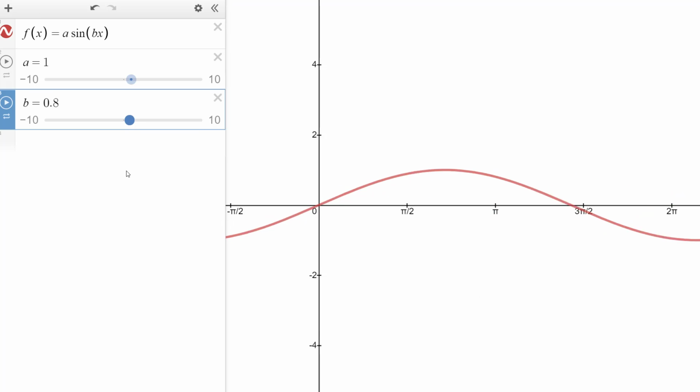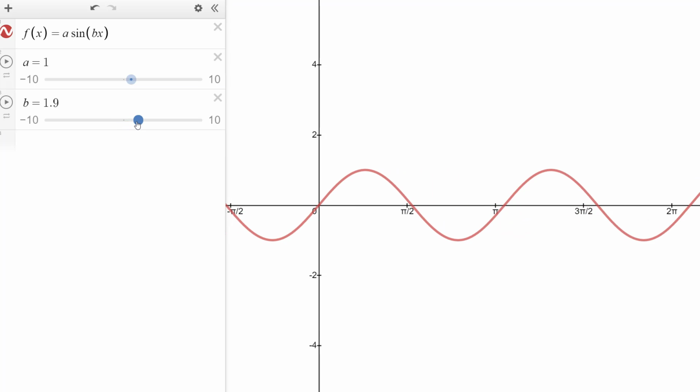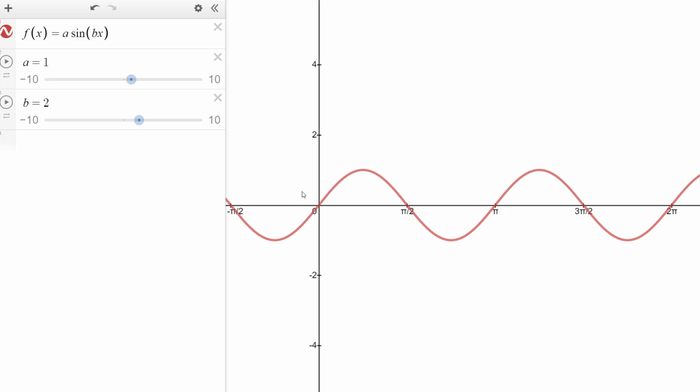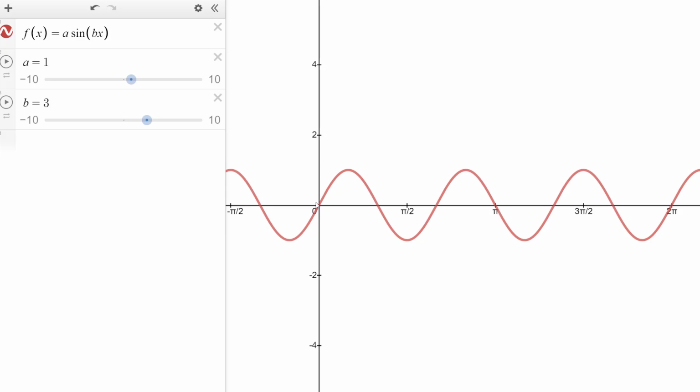If I increase this to, let's say, 2, it now goes through 2 full cycles every 2 pi. If I went to 3, well, you probably would guess it.